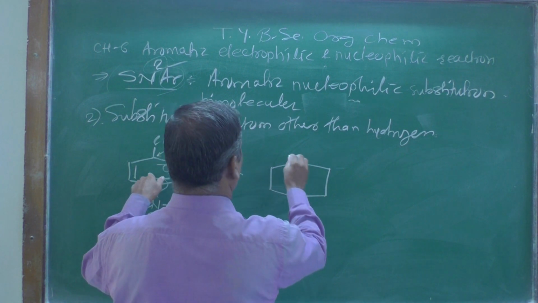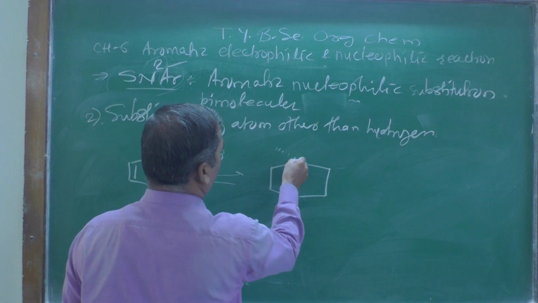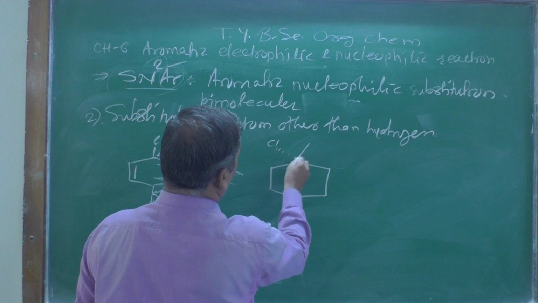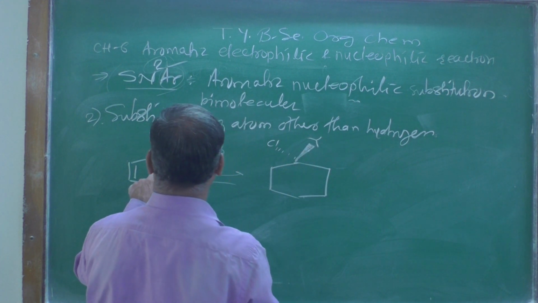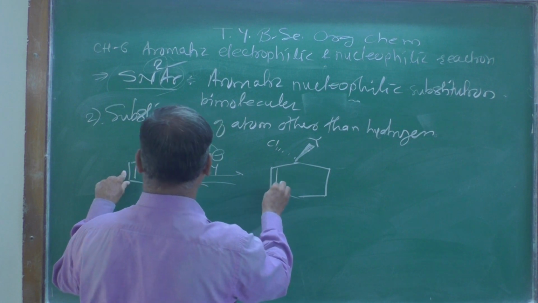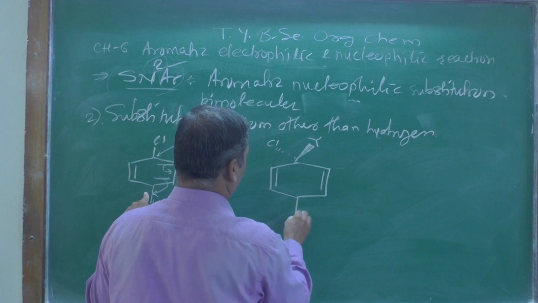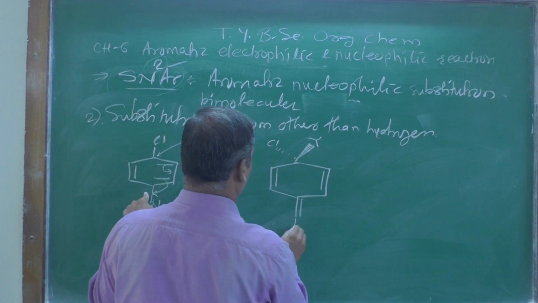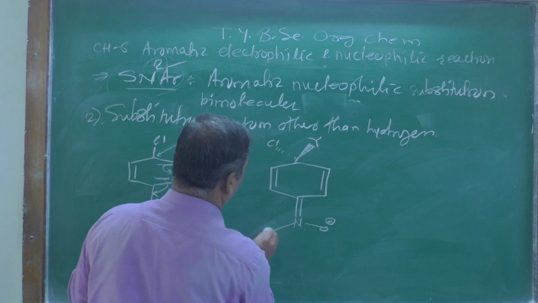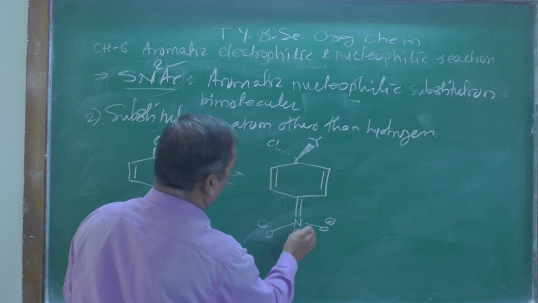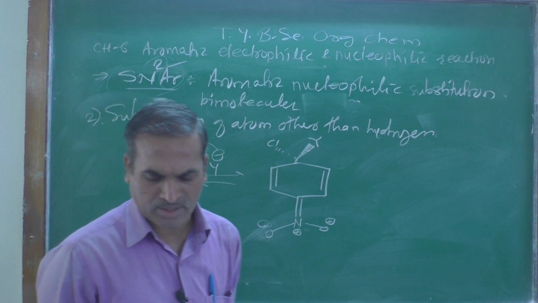Here we write the chlorine atom going backside, Cl, and here the Y product. This double bond remains as it is, and this double bond shifts from here to here. Now the double bond forms between carbon and the nitrogen atom, with O minus charge, and the positive charge still remains on the nitrogen atom.